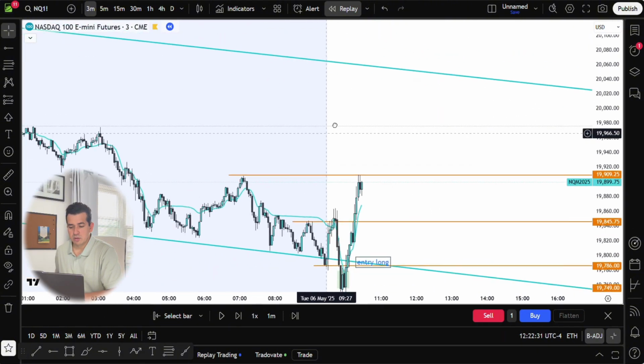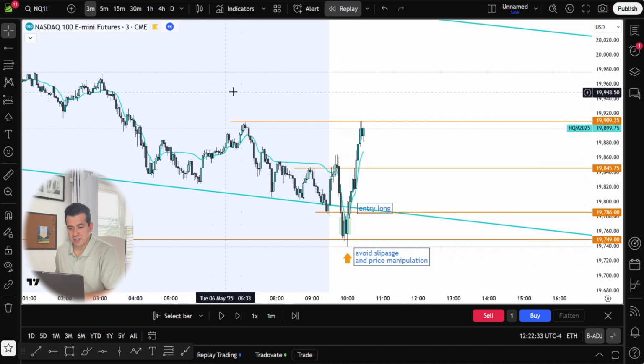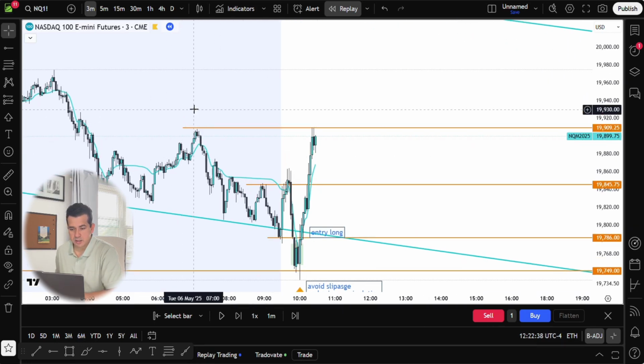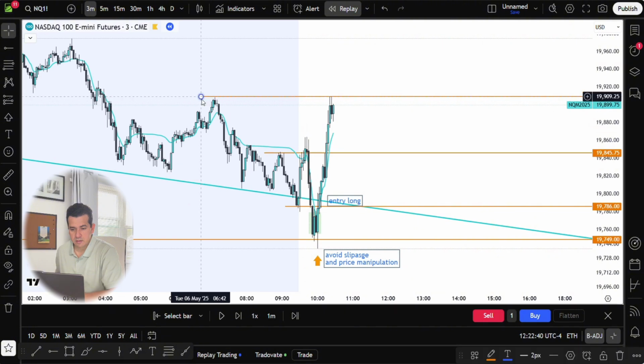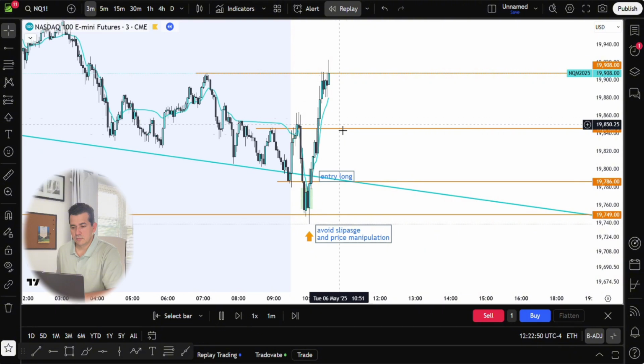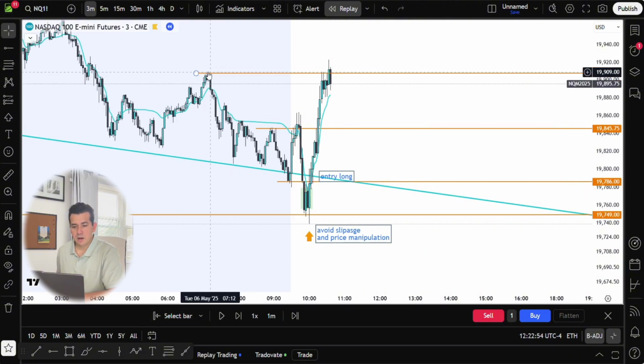So it looks like the market is trending down, but it went up here and touched it. Let's see what happens. And there we go, and it takes the high out.